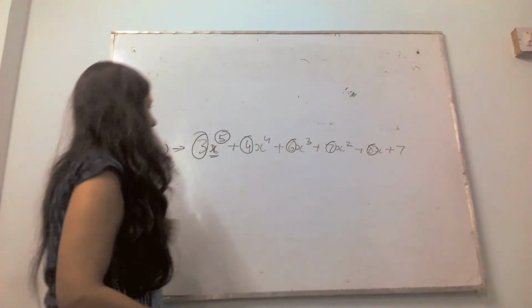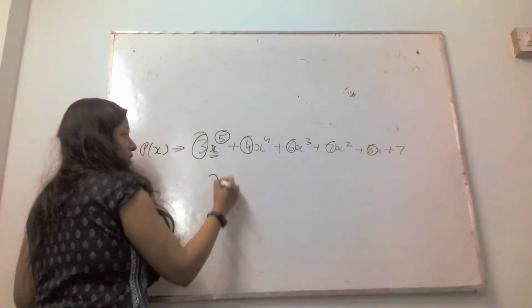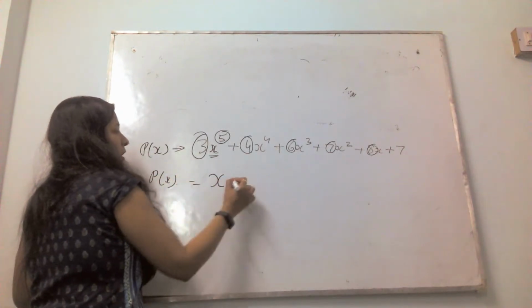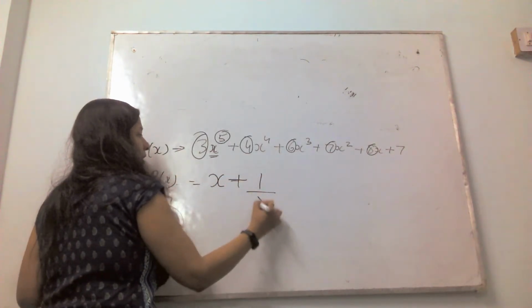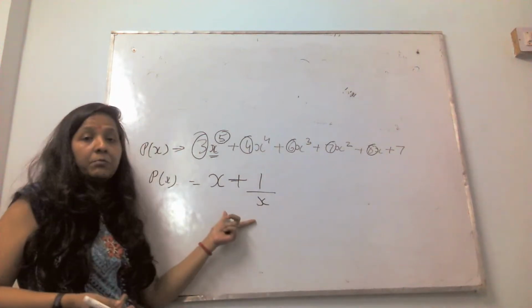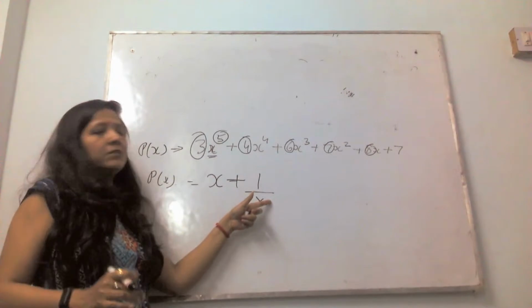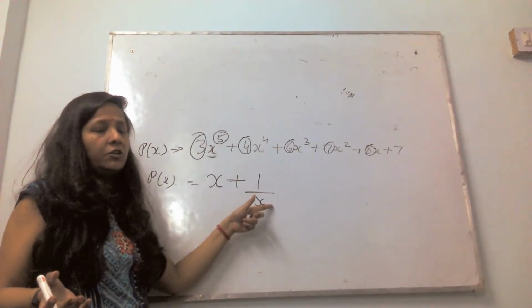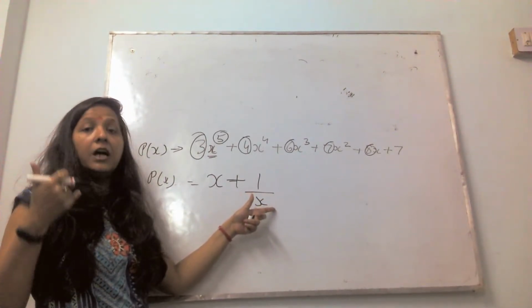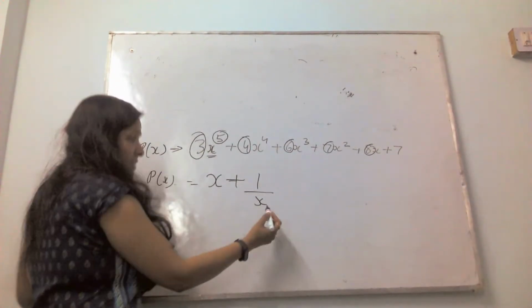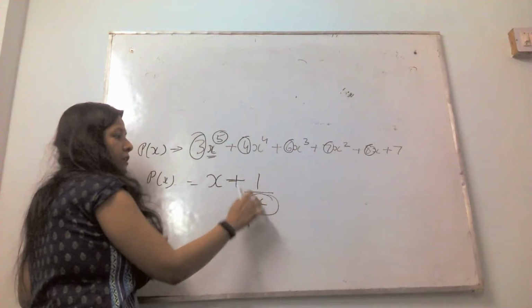What does that mean? If we have an expression of this type, 1 by x, is it a polynomial? According to you, its power is 1, so it could be a polynomial. No, it is not a polynomial. Why is it not a polynomial? We will see. It is 1 by x.